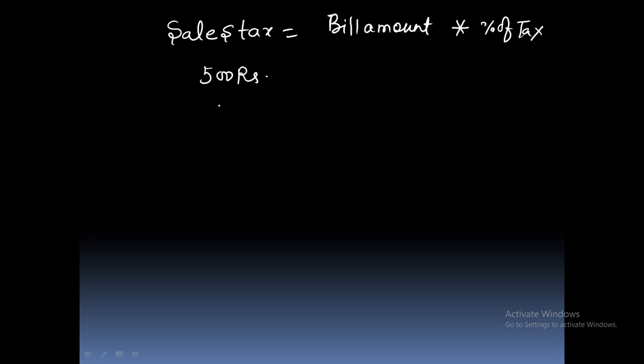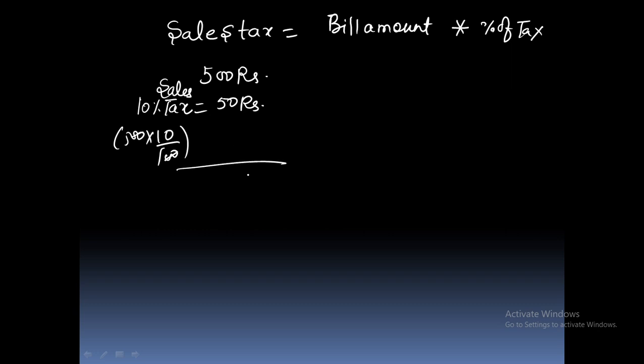That means 10% is sales tax, that is 50 rupees. How to calculate? 500 multiply 10 divide by 100, zeros cut with 0 and you will get 50 rupees as sales tax, which is included in your purchase cost price. The thing is actually rupees 500, but after paying the sales tax you will purchase that thing with 550 rupees.